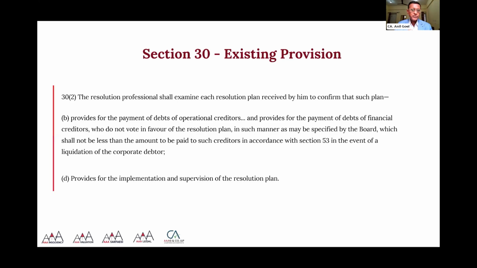The RP also has a duty to see whether the amount is properly being allocated to the dissenting creditors, even if they are secured or unsecured. It also provides for the implementation and supervision of the resolution plan. However, in the code, presently there is no provision regarding the monitoring committee or monitoring agency for implementation of the resolution plan. However, that was part of the practice. So whatever was the practice has now been brought into the code.